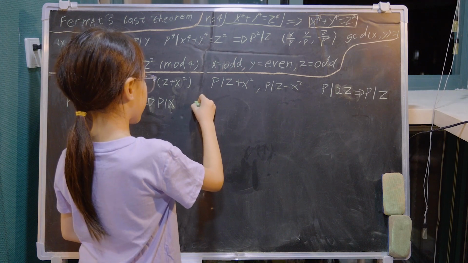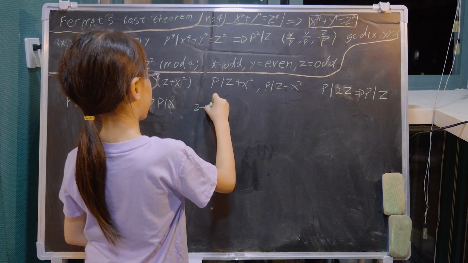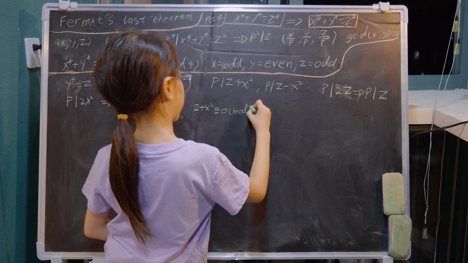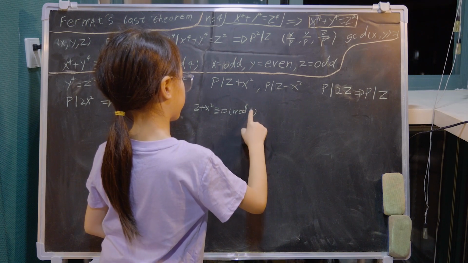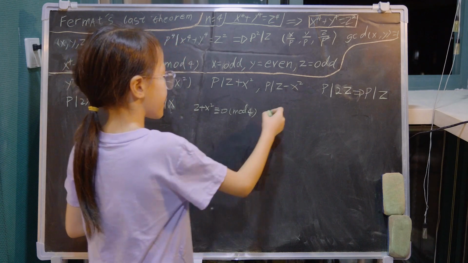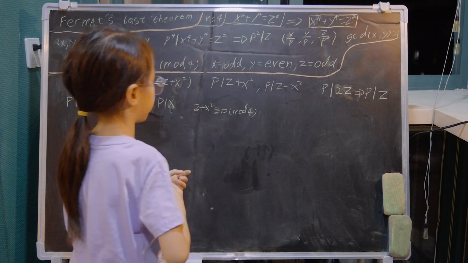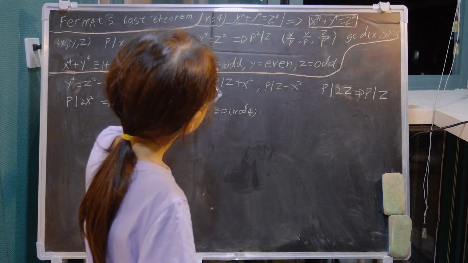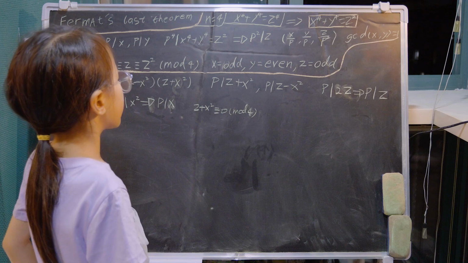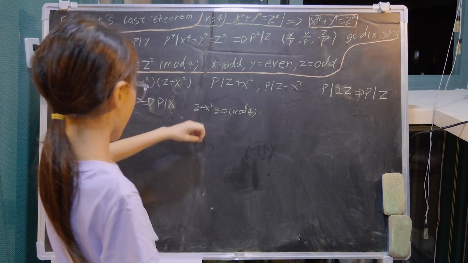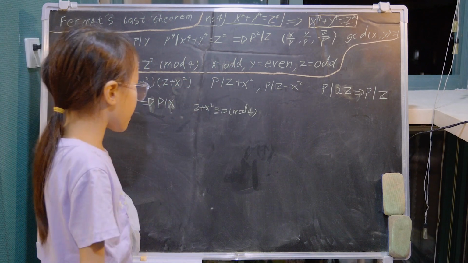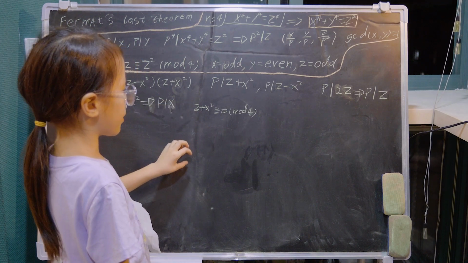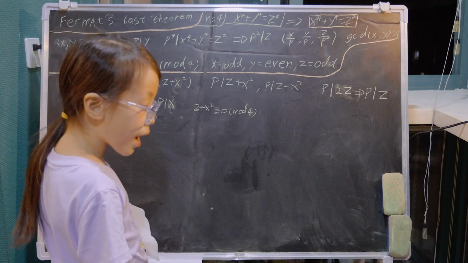Let's think. Say z plus x squared is congruent to 0 mod 4. Because we know x is odd, sorry, x is odd, as we talked about in the last video, the square of an odd number is congruent to 1 mod 4.